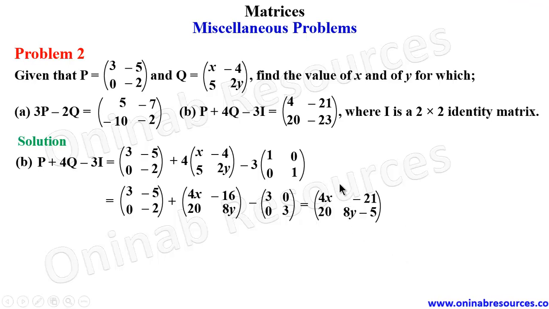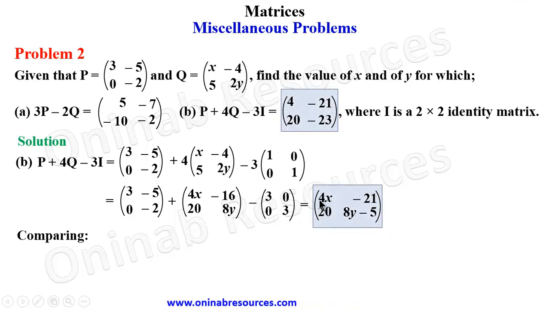So having gotten this, comparing this matrix and this, you see this 4 is equal to this 4x. You see negative 21 equals negative 21, 20, 20. So these will be equal to negative 23. So starting from x, 4x is equal to 4, where x is equal to 1.